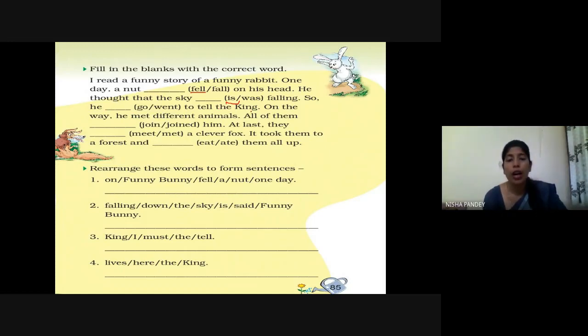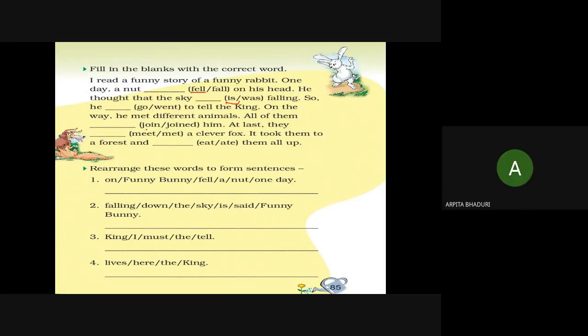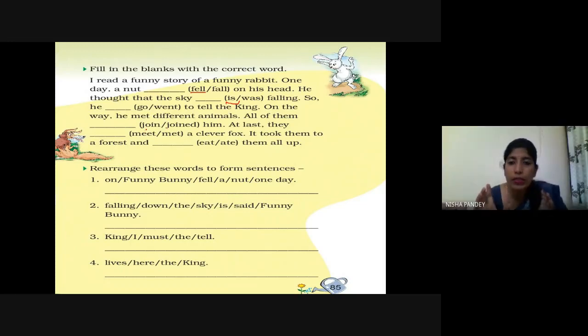वो कहाँ जाने लगा? कहाँ गया था बताने? किंग को बताने, right? Yes. On the way, he met different animals. All of them joined him. So what did him? Join? So it's a story which was already mentioned in the lesson, right?